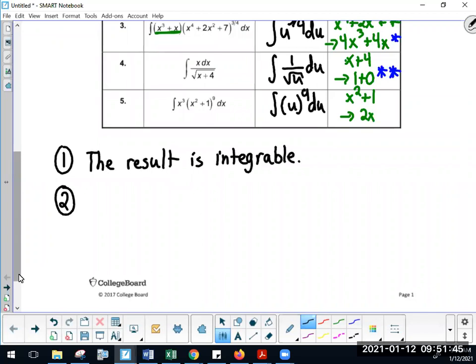And the second thing, and one of the key things to actually get to that point, is the derivative is present. And again, that is asterisk.